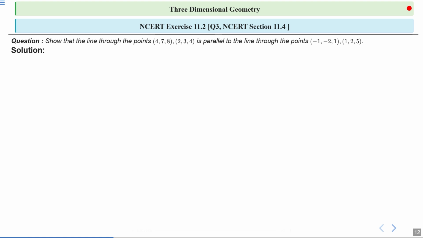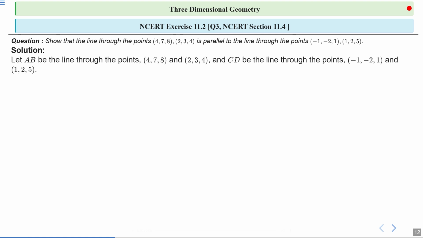So let's start the solution. Let AB be the line through the points (4, 7, 8) and (2, 3, 4), and CD be the line through the points (-1, -2, 1) and (1, 2, 5).